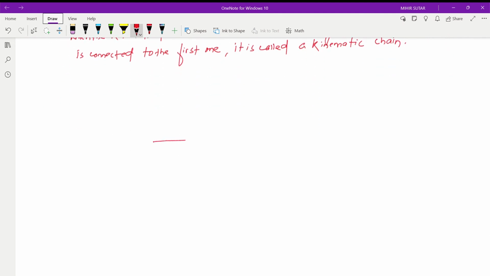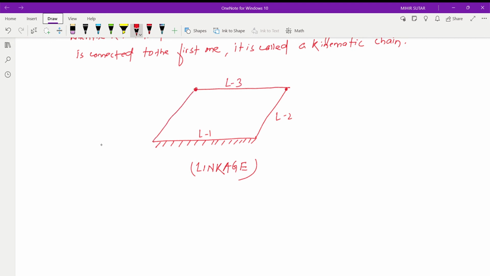If I draw a 4-bar chain, let's say one link is fixed, because as per our criteria we have to fix one link. Fixing one link is known as linkage. There should be a linkage in the mechanism. Let's say this is link 1, then this is link 2, this is link 3, this is the joint, then we have link 4, this is the joint.